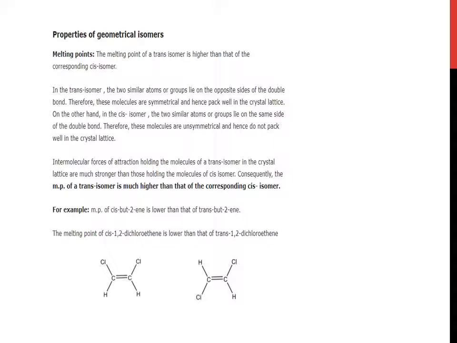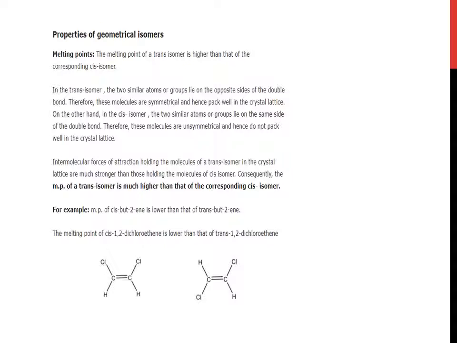Intermolecular forces of attraction holding the molecules of a trans isomer in the crystal lattice are much stronger than those holding the molecules of the cis isomer. So, the melting point of a trans isomer is much higher than the melting point of the corresponding cis isomer.